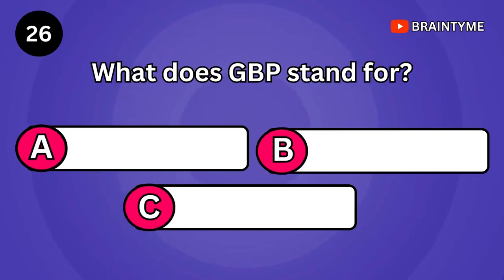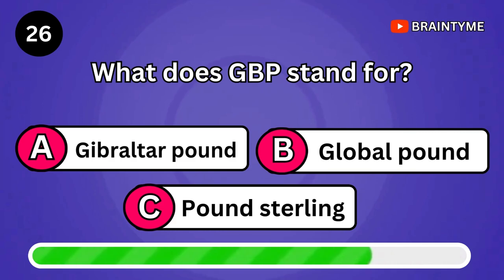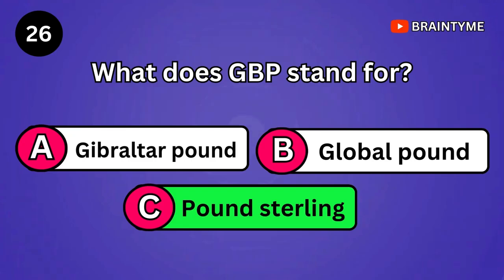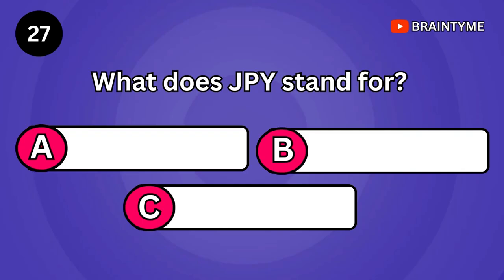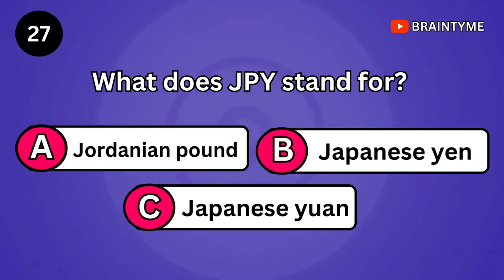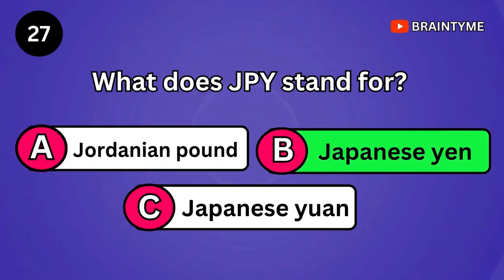What does GBP stand for? Pound sterling. What does JPY stand for? Japanese yen.